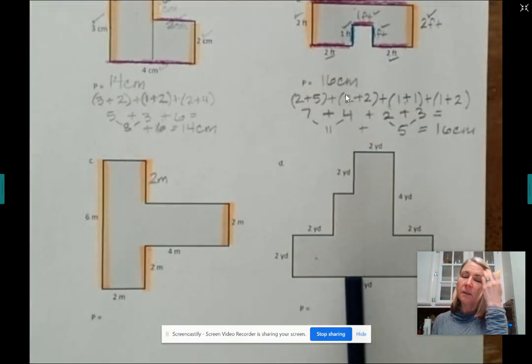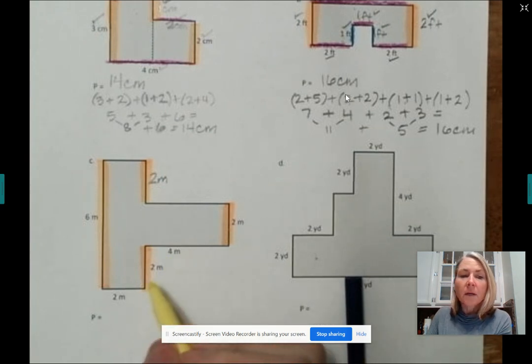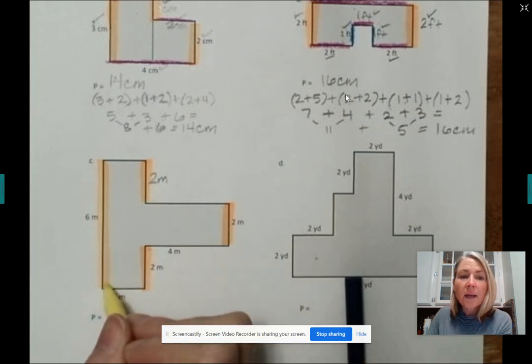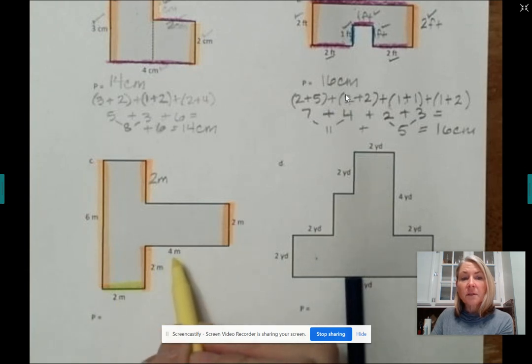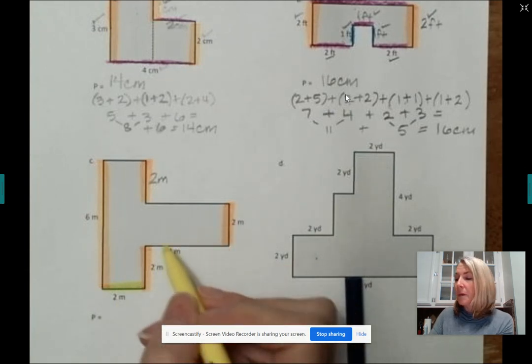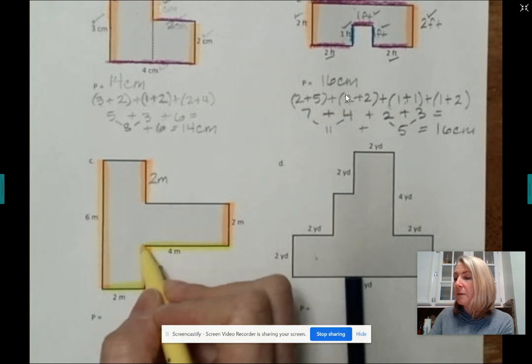It's kind of nicer to use the highlighters than the crayons. Okay, so I have, yeah, that works. All right, so I've got 2 here. This is horizontal. This is horizontal, okay? So I'm going to highlight that one yellow also.